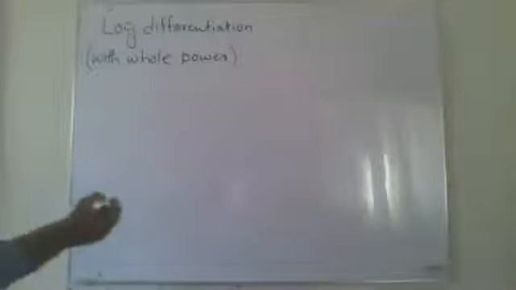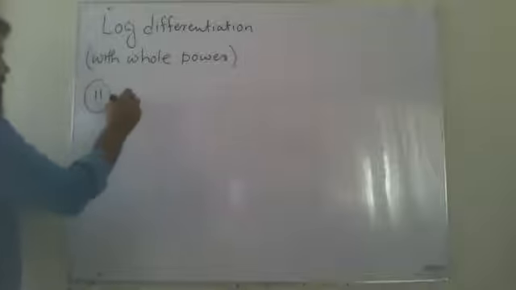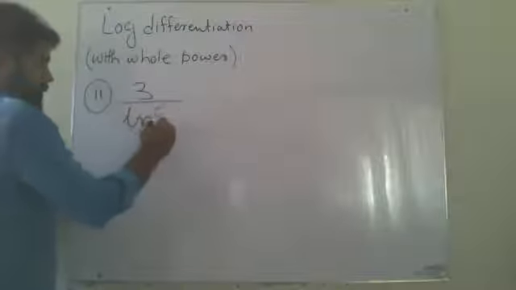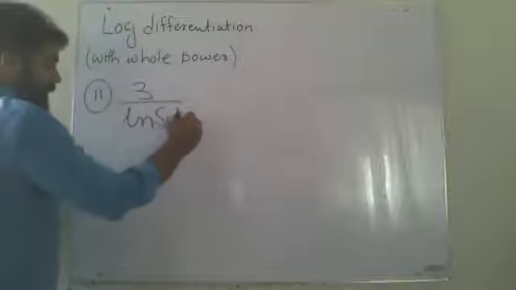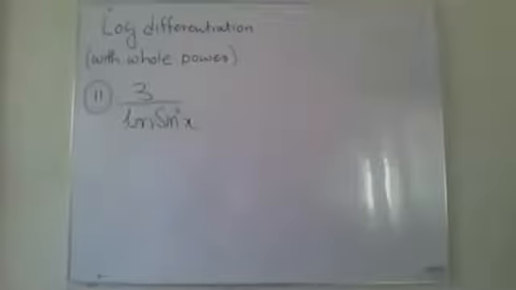Okay, right. So, for instance, I have got 3 over ln sine square x. For instance, I've got this thing and they are telling us to differentiate it. Now, I have to differentiate with respect to x, but x is in the denominator, and in the numerator I have got only a numeric value.